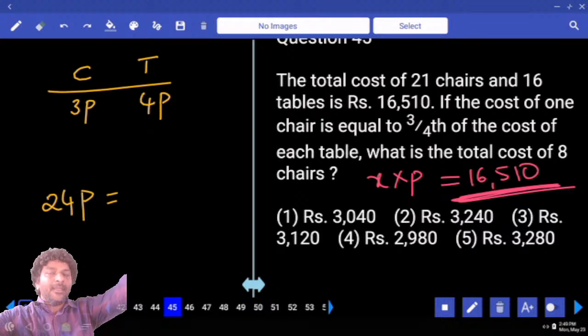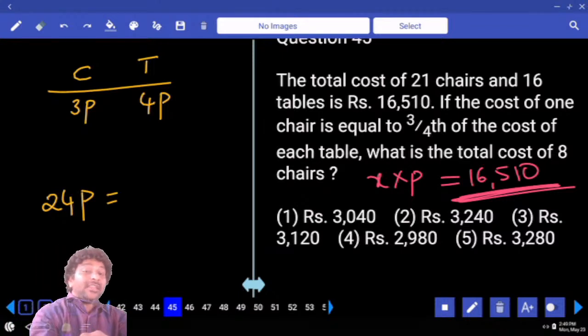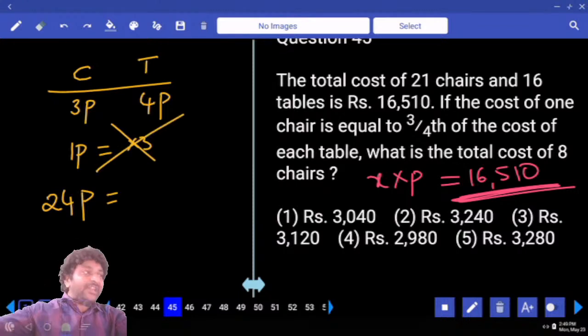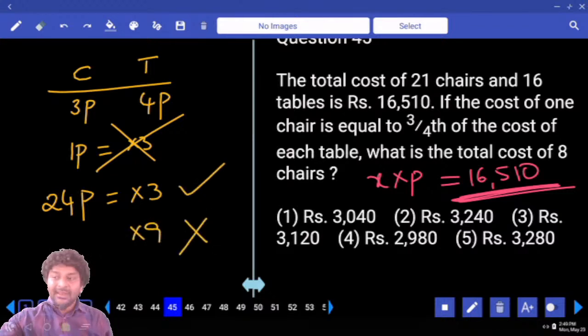When the right hand side number is not a multiple of 3, the left hand side number can never be a multiple of 3. That means I can conclude that 1 part value is not a multiple of 3. That means 24 parts is only a multiple of 3, but it cannot be a multiple of 9. With that reason, I will eliminate the second option.